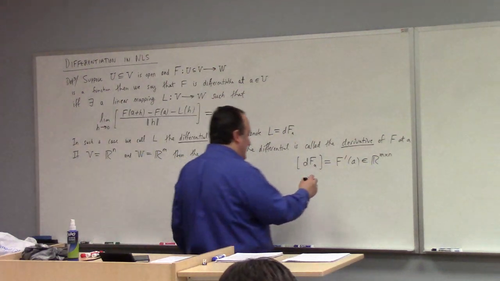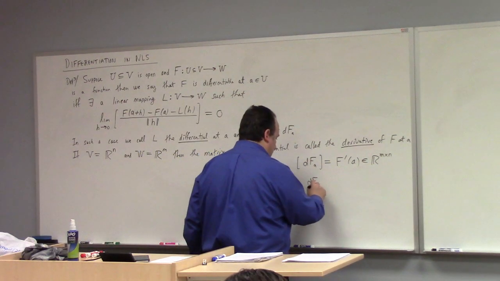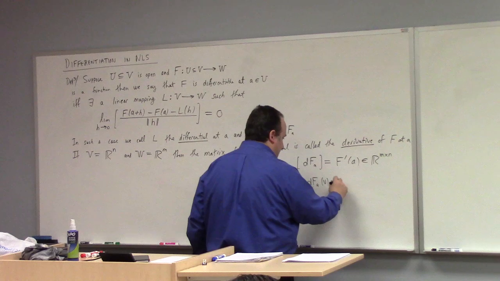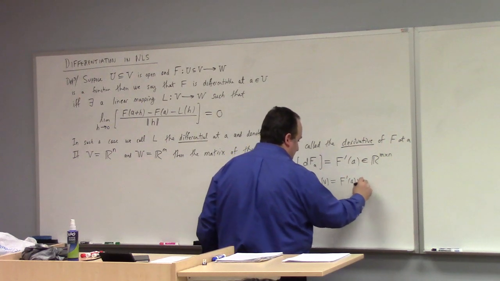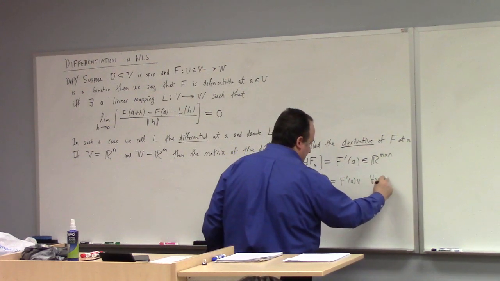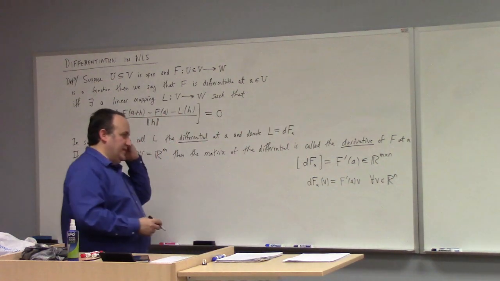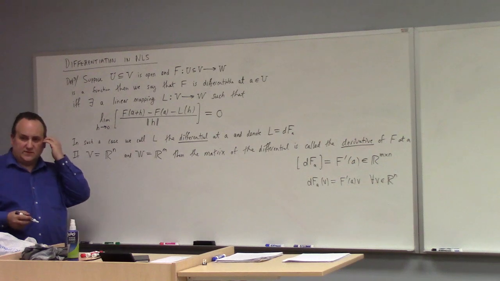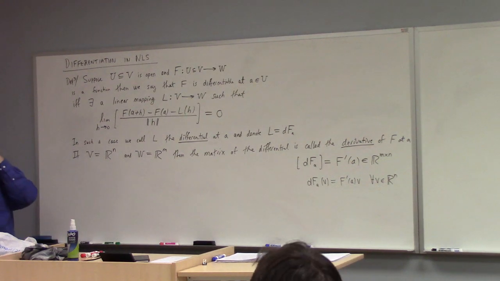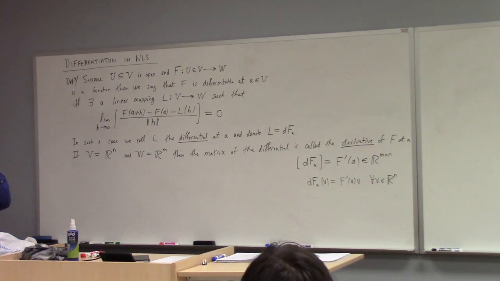What that in particular means is that df sub a acting on v is equal to f prime of a times v for all v in Rn. But this is the standard matrix. You guys know standard matrix, I hope? If not, talk to me. I'll explain it to you. It's not a big deal.